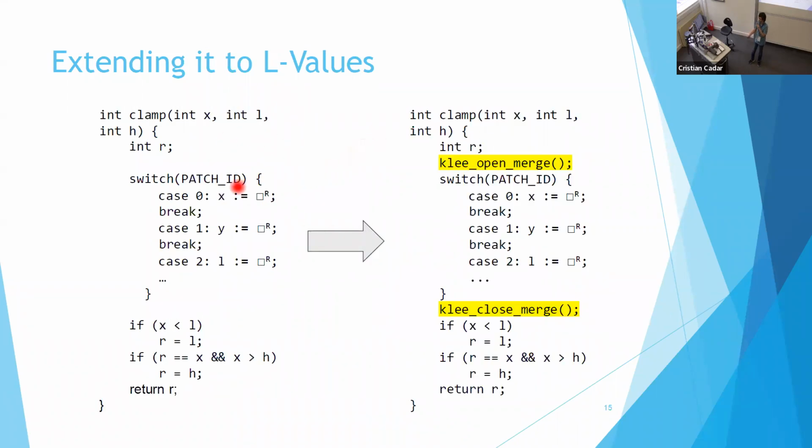One quick way to fix this issue is by adding KLEE open merge and KLEE close merge statements so that KLEE can automatically try to merge all the possible states generated in the switch condition. But there are issues with these, because if the switch statement is extremely large, we'll have to deal with a large amount of merge overhead.